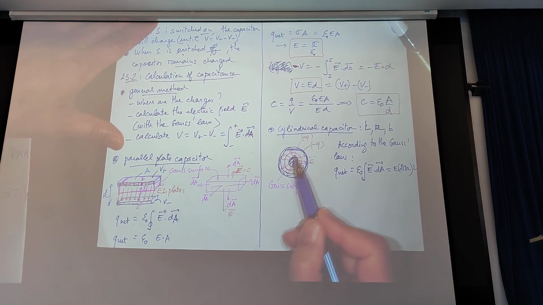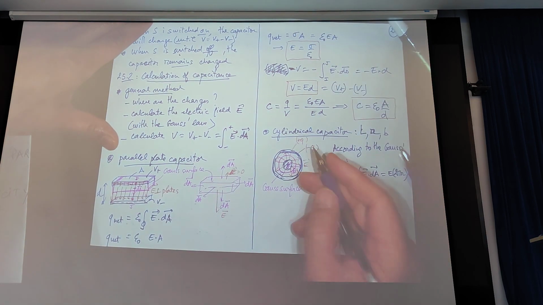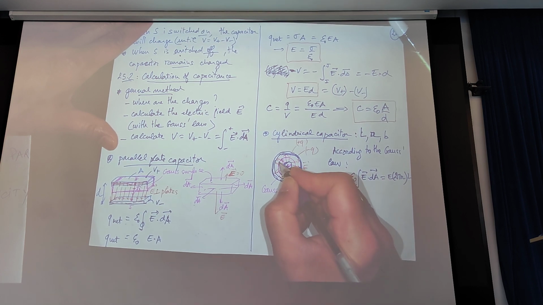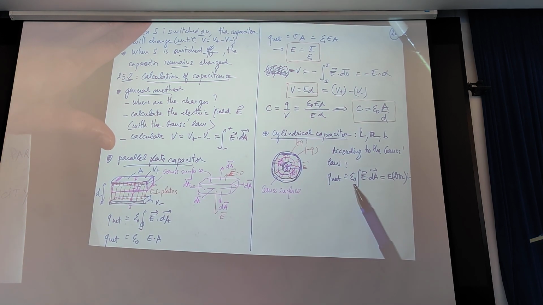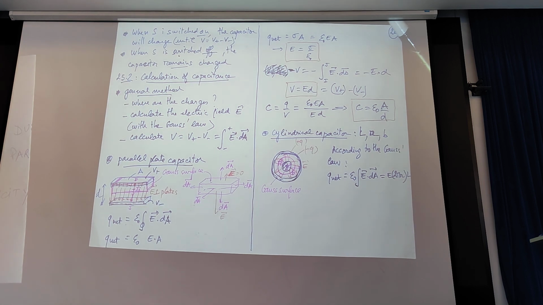The Gauss surface has a radius R, okay, of course, here. So 2πR times L is the surface of the cylinder. Are you agree with that?